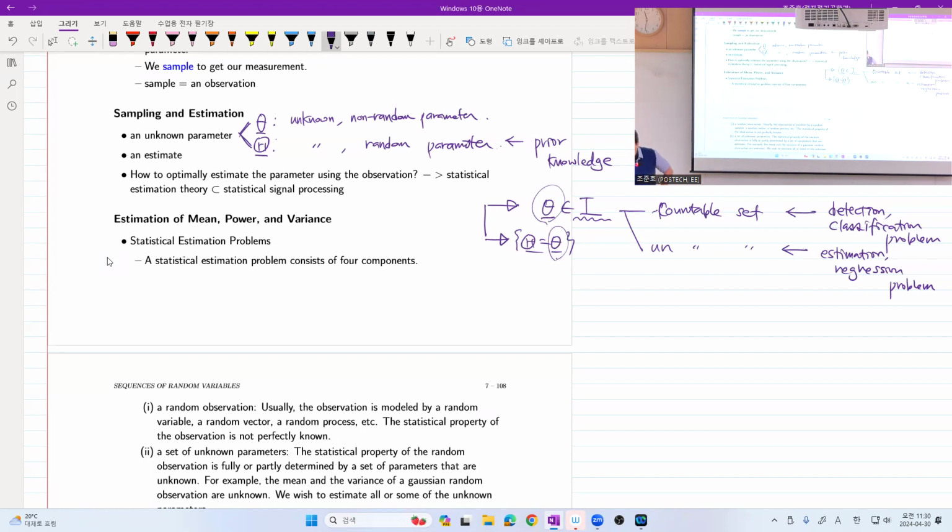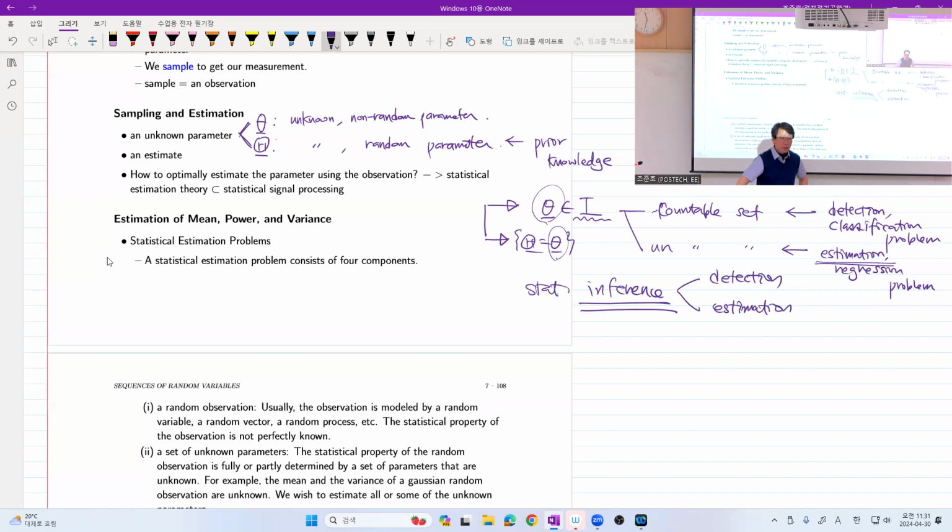Of course, sometimes the term estimation has a wide-sense meaning, so even detection is called estimation. But I prefer using inference. So statistical inference can be divided into detection and estimation. By the way, the inference capability means intelligence, actually. What else can you define for the term intelligence?